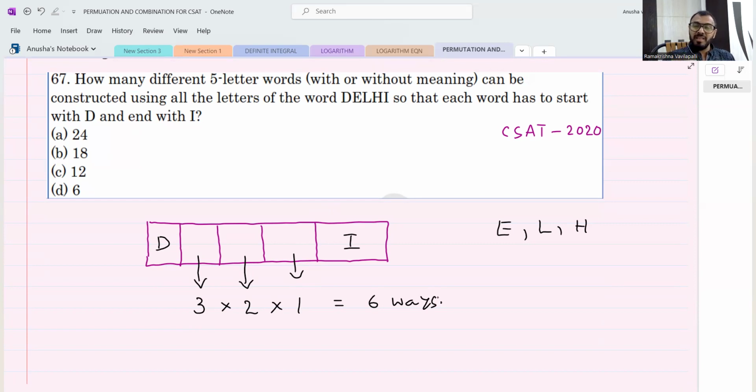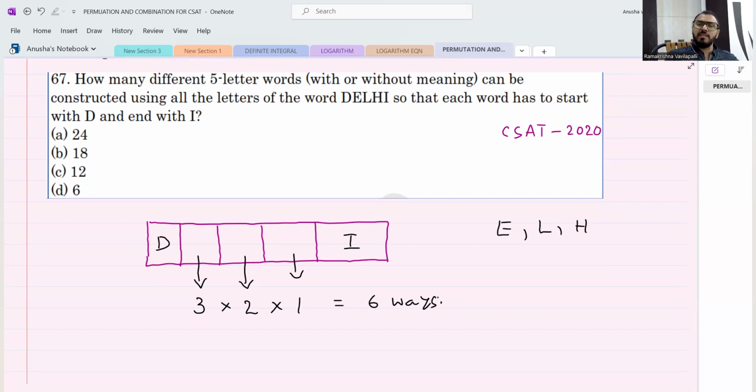Using this example, we can create not less than 20 problems. Like the number of ways of arranging the letters of the word Delhi beginning with D, only begin with D, or begin or end with I, or neither begin with D nor end with I. Or vowels come together when arranging the letters of the word Delhi: E and I come together.